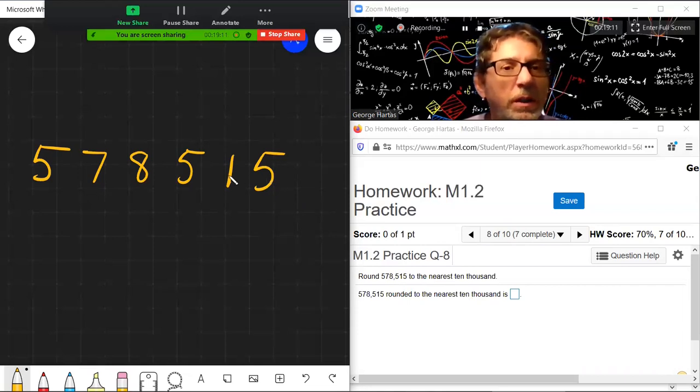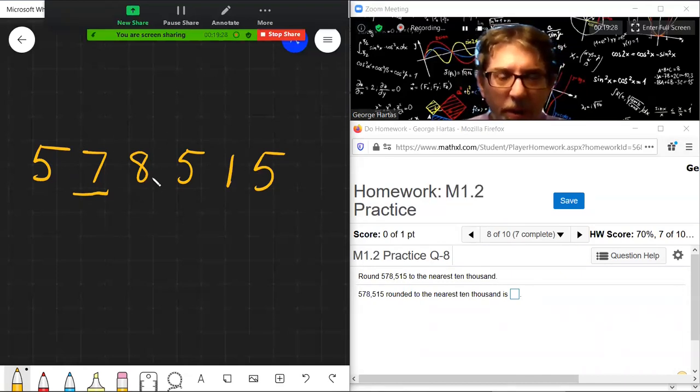Ones, tens, hundreds, 1,000s, 10,000s right here. We're going to round to that spot. We're going to look at the digit to the right. We don't care about those other ones.